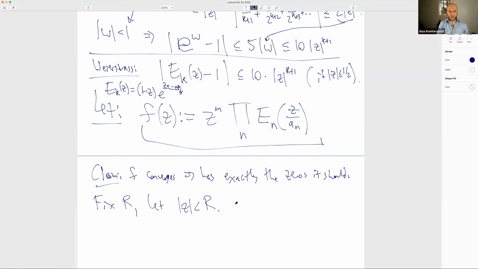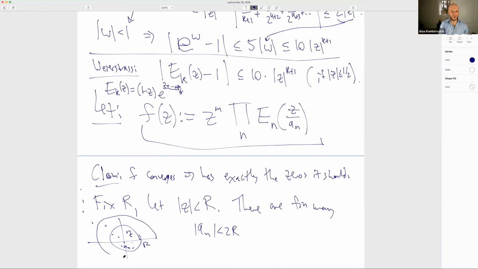So there are finitely many. Here's my ball of radius r, z is in here. The a_n's are wherever they are. These are the a_n's. They have to go out to infinity. There are finitely many a_n that are less than 2r. So I look at this ball of radius 2r, and I'm going to do nothing about those factors.